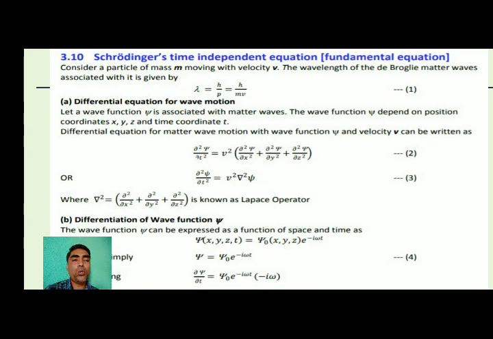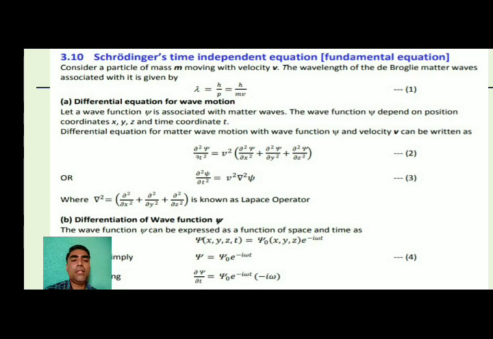Here del squared by del t squared as well as del square act as operators, whereas psi acts as the operand, or the wave function. The del square is known as the Laplace operator, and its form is del squared by del x squared plus del squared by del y squared plus del squared by del z squared.